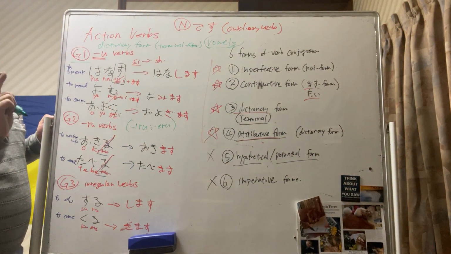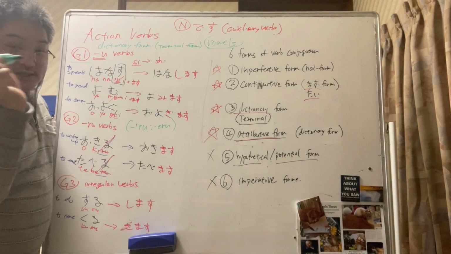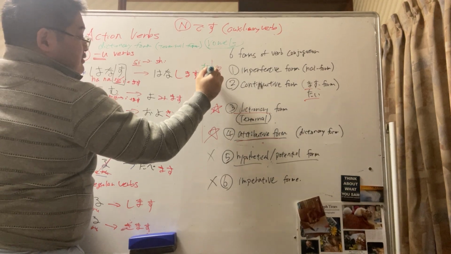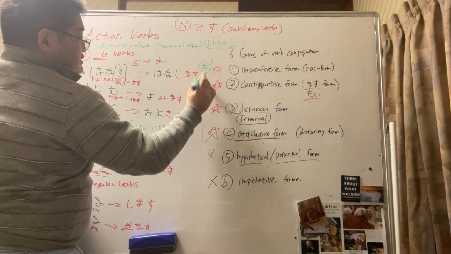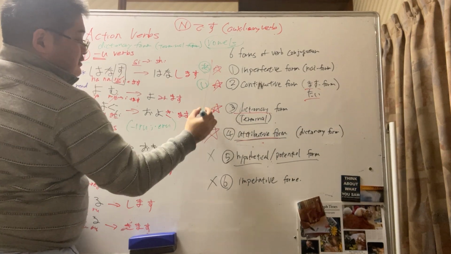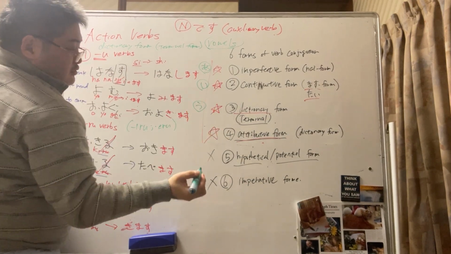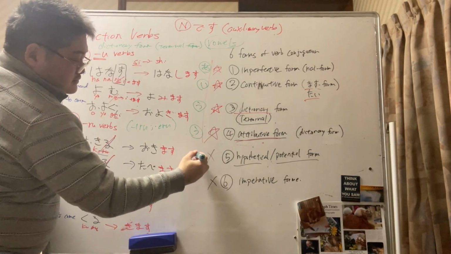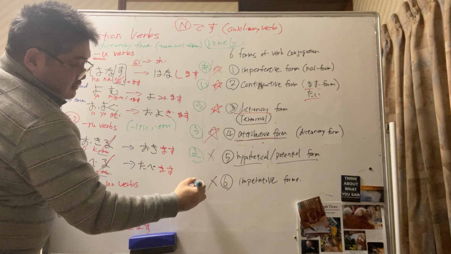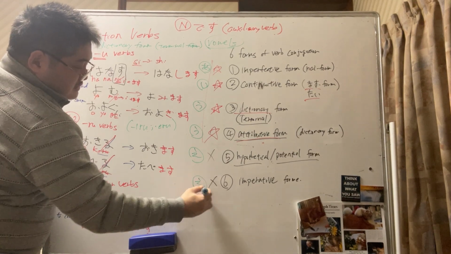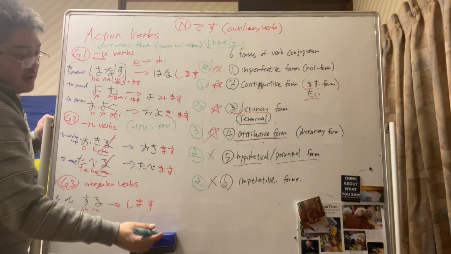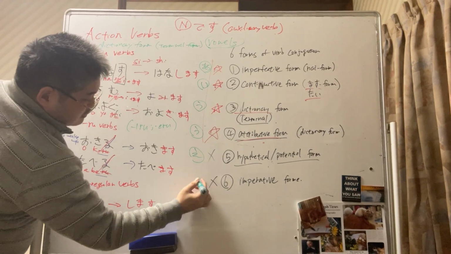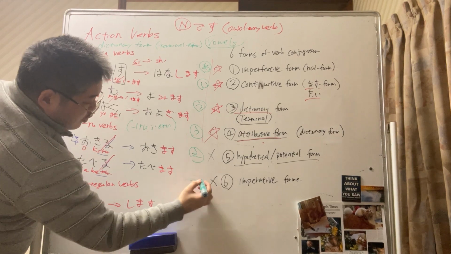A, I, U, E, O. Yes. That's okay. But see, this one takes A. This one takes E. This one takes U. This is the same as the dictionary form. And this one takes E, and this one also takes E. There's no O here. Actually, this one takes O. Tabeyou.